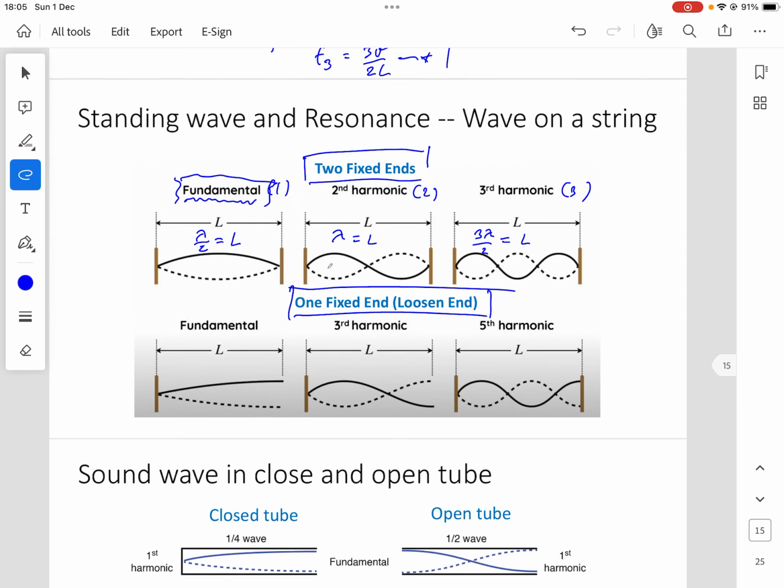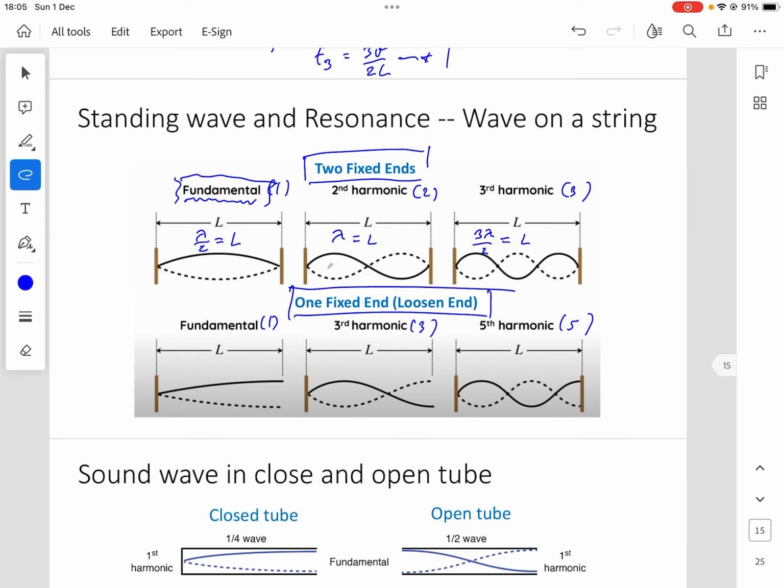Okay, for the one fixed end, like I did on the simulation, I put number 1 and I get this structure. I put number 3 and I get this structure, and I put number 5, I get this structure. Why must it be only odd numbers?